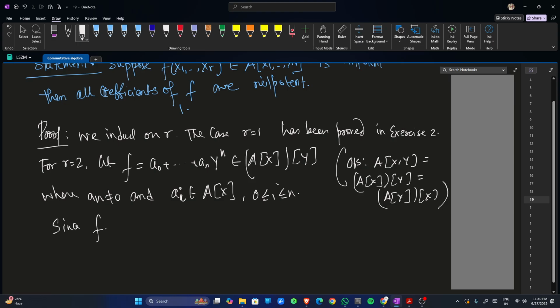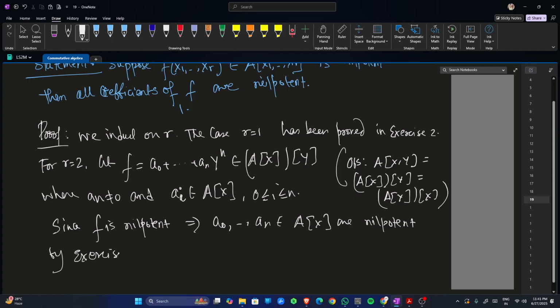Since f is nilpotent, this implies a0, ..., an belonging to A[x] are nilpotent by exercise 2.